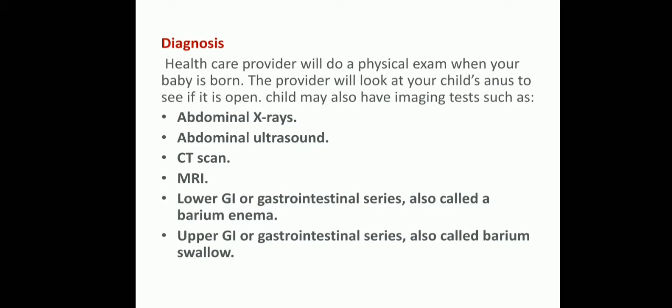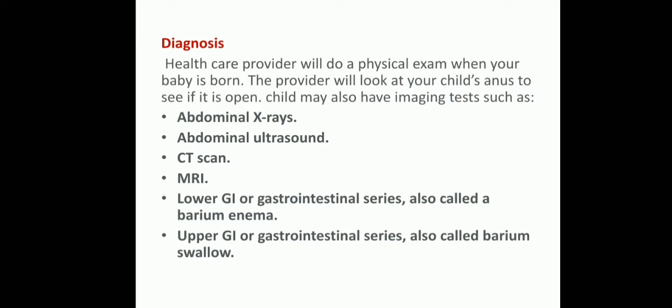A child may also have imaging tests such as abdominal x-rays, abdominal ultrasound, chest CT scan, MRI, lower GI or gastrointestinal series also called barium enema, and upper GI or gastrointestinal series also called barium swallow. These diagnostic evaluations should be done for assessing anorectal malformations.